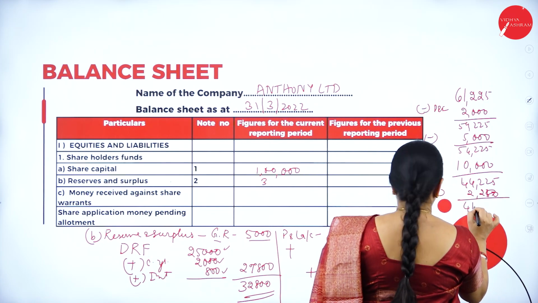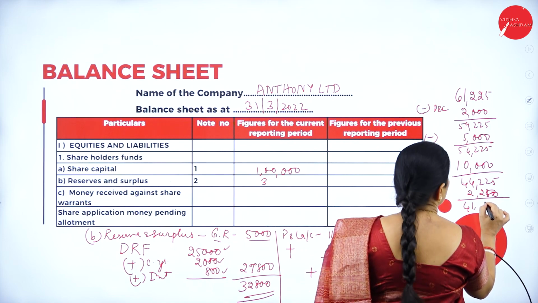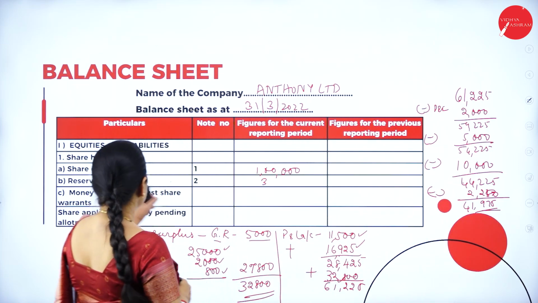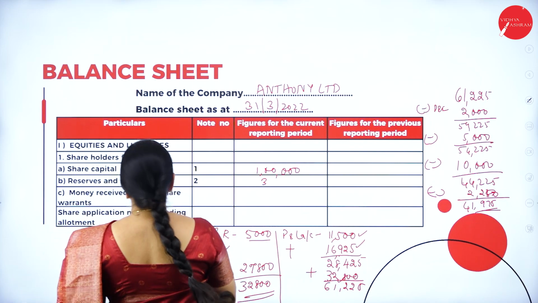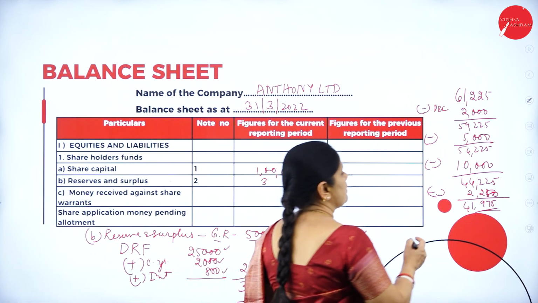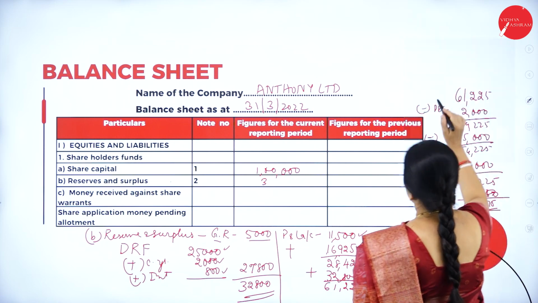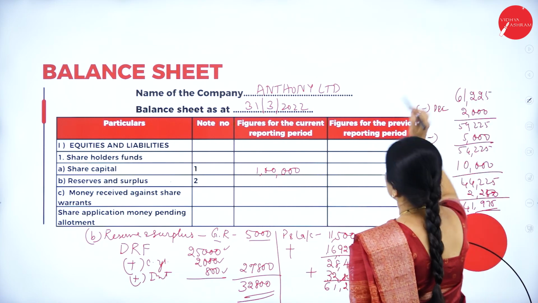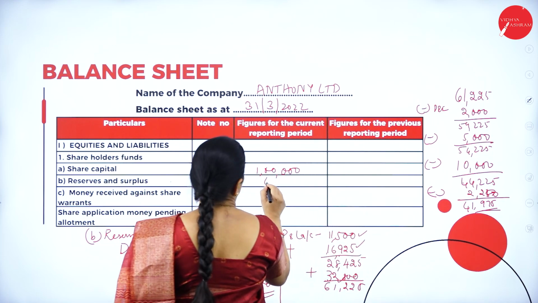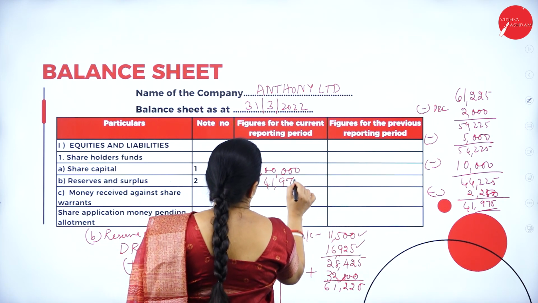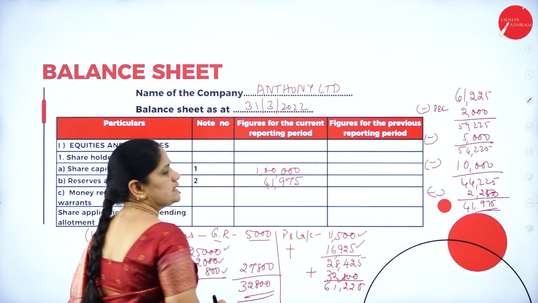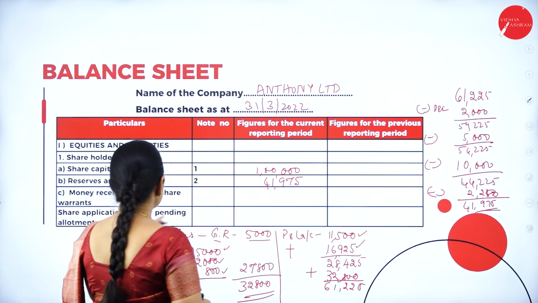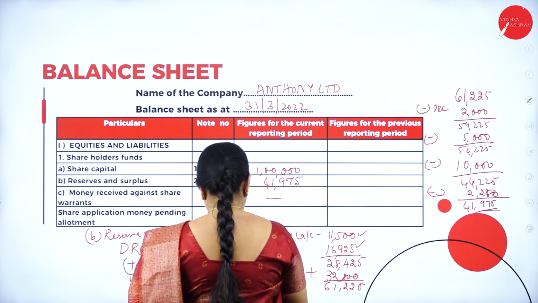So I get the answer as 41,975. So when I write here reserves and surplus, I write it as 41,975.